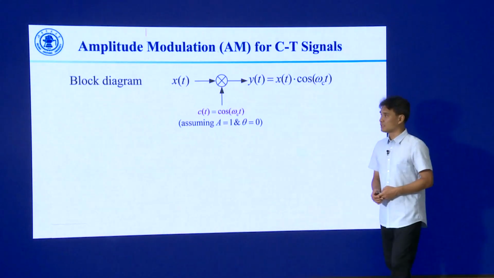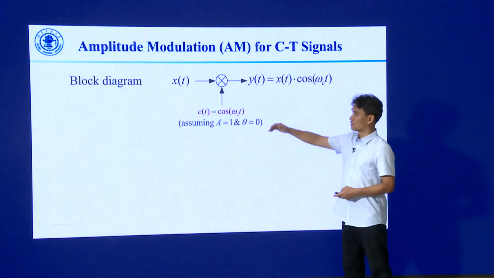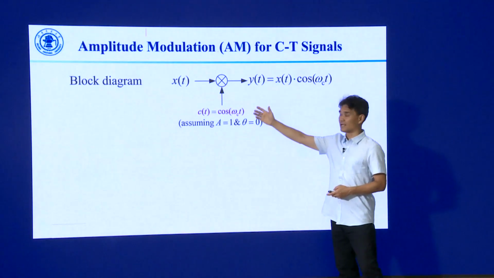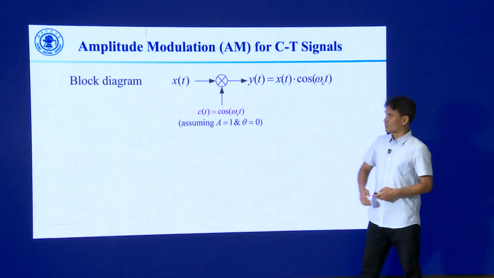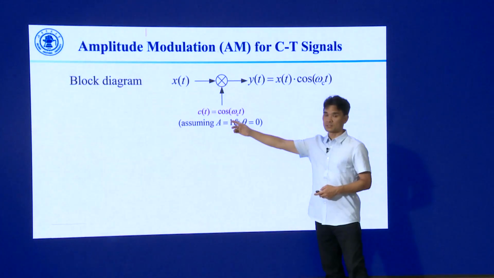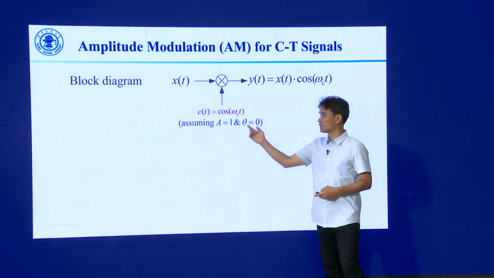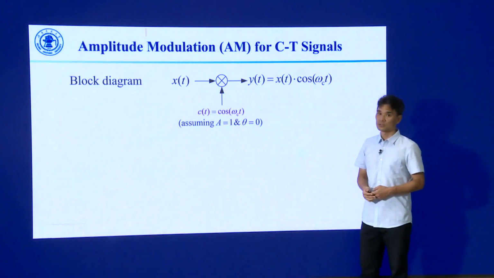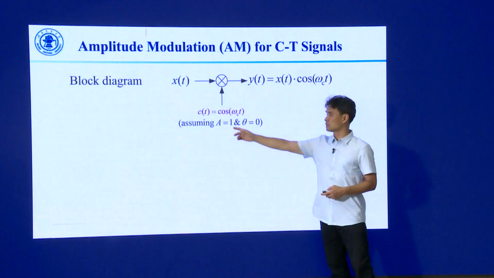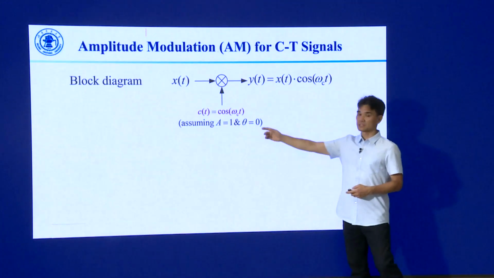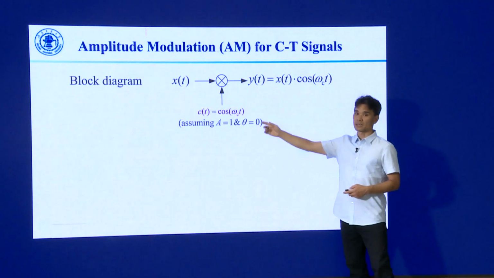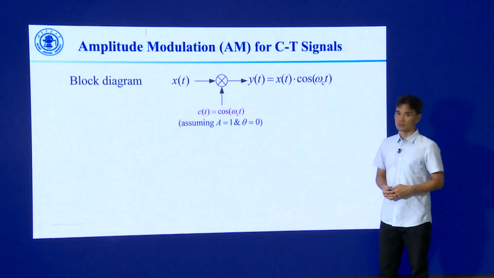And here is the block diagram of AM, amplitude modulation. Here we take one assumption: that the amplitude and the phase of the carrier are equal to 1 and 0 respectively. This assumption is not necessary, but it will make our analysis simpler.